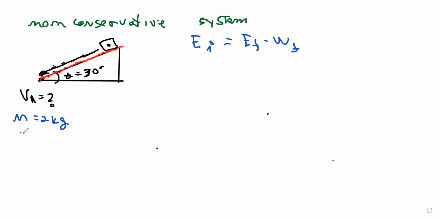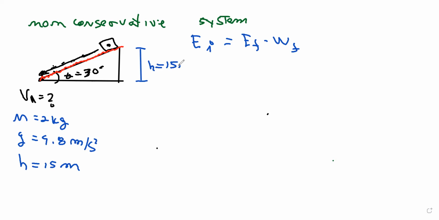And we know that g, of course, is 9.8 meters per second squared. That's gravity. And the height is going to be 15 meters right here. This is going to be your height, 15 meters.